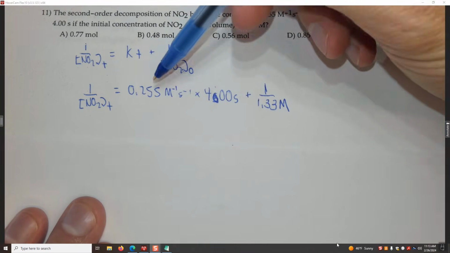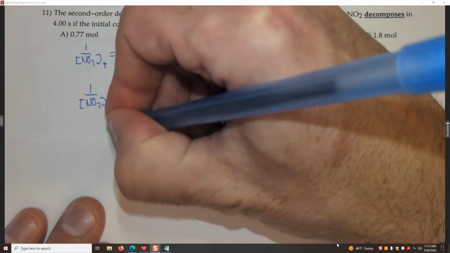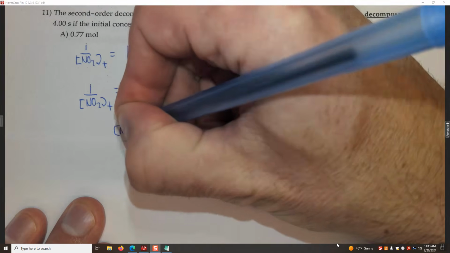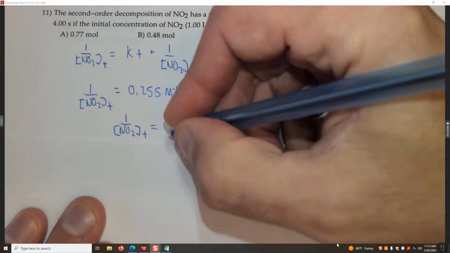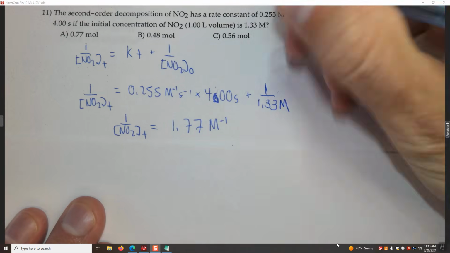All right, so you could just solve this out: this times this plus 1 over this. And you get 1 over the concentration of NO2 at some t equals 1.77 molar to the minus 1.